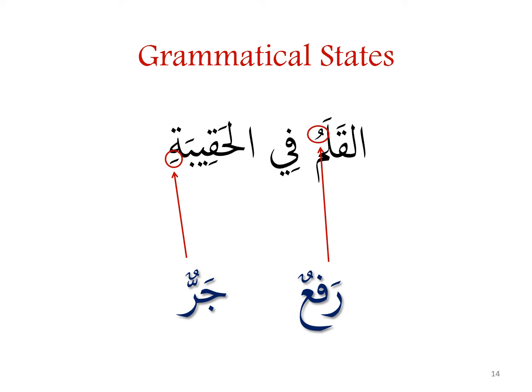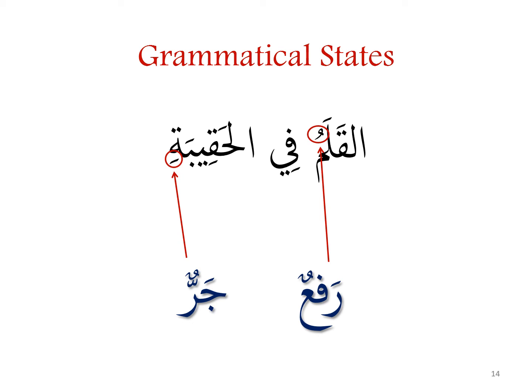Now we'll begin our look at grammatical states. So we've been saying till this point that, for example, the word al-qalamu ends with a dhamma. So when we're talking about mawsoof sifa phrases, we would say the two words end with a dhamma or a fatha, or the mubtada usually ends with a dhamma.